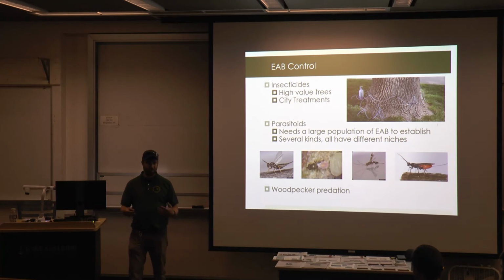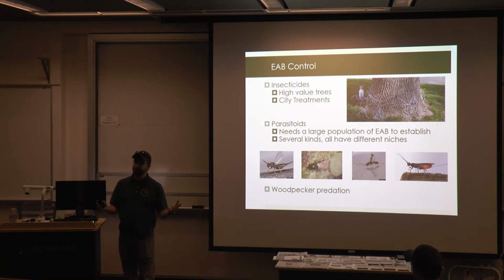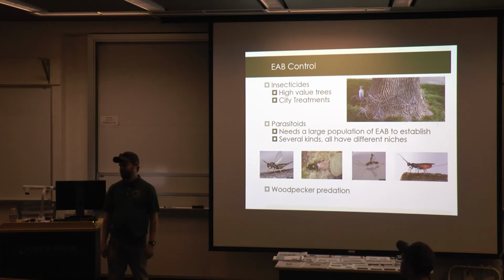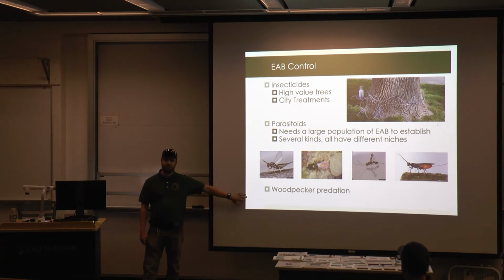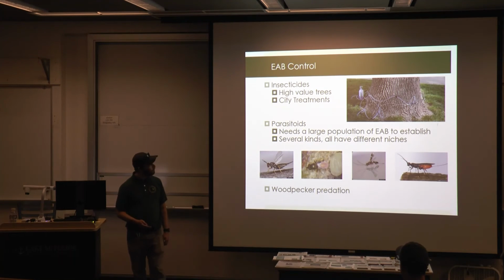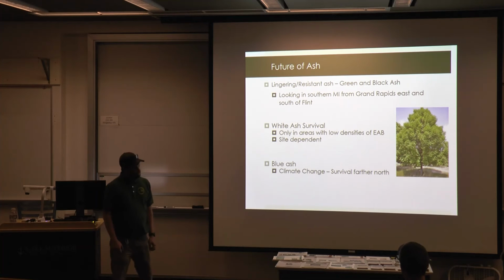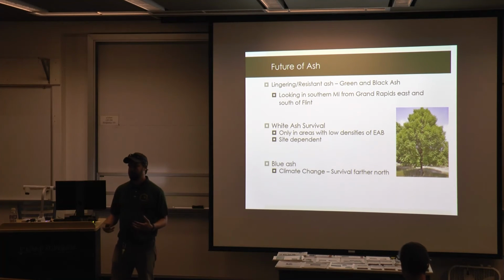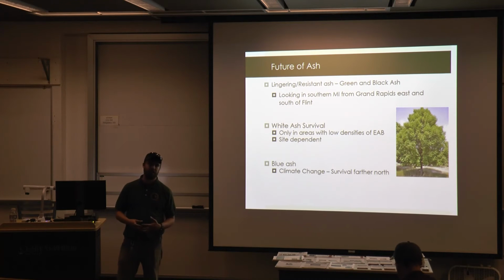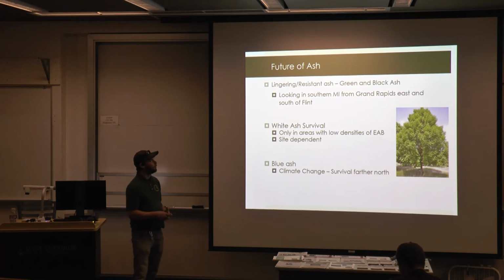But when you're talking about hundreds, thousands, millions of EAB, take 80 to 90% out, you still have a detrimental EAB population. And at that point, usually your ash tree is too far gone to save it. But there's other things that are looking promising with emerald ash borer and ash restoration.